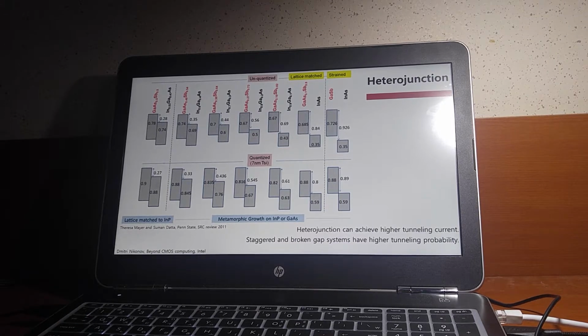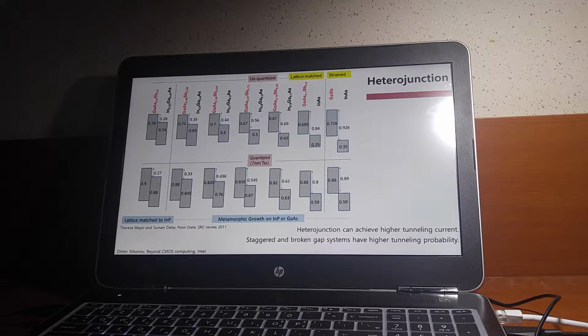And for the heterostructure, if there is a band offset, we have to make the junction boundary more abrupt, or more steep, and this depends on the heterostructure device's design.